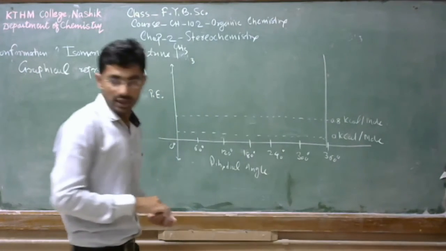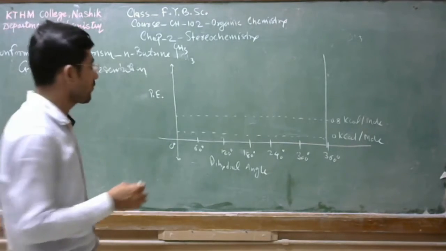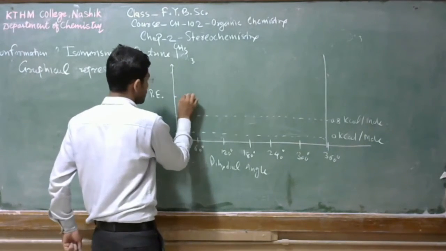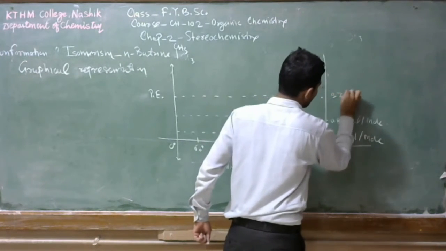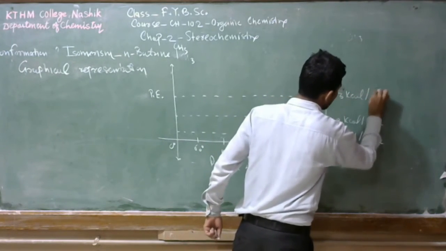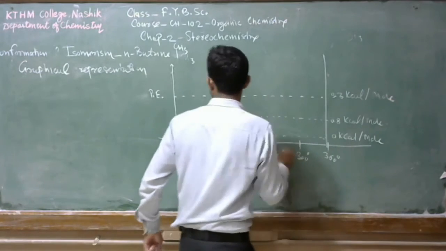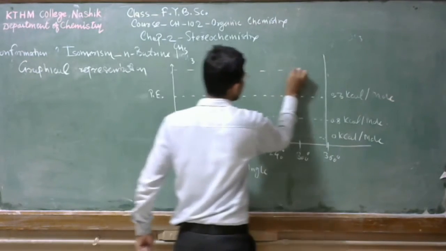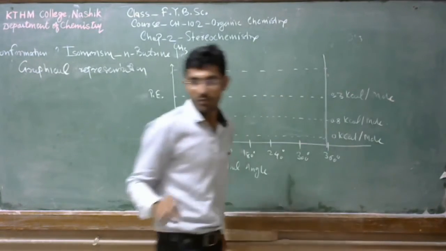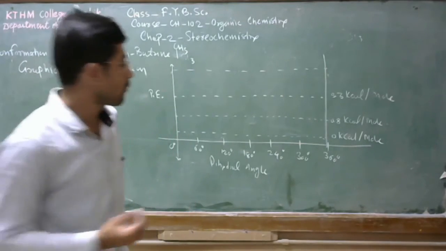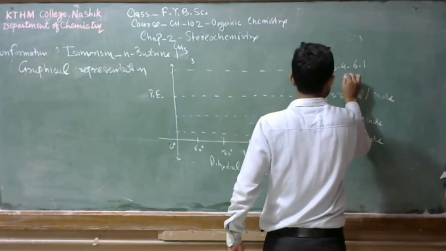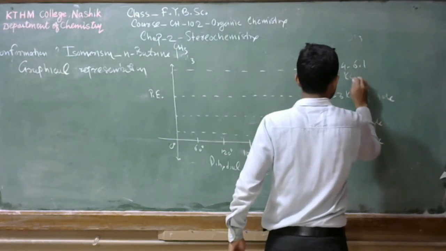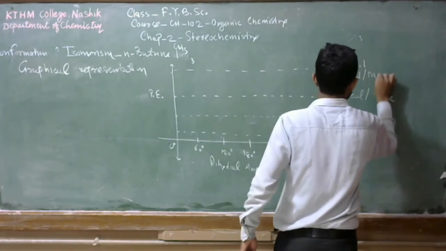Then the next energy content is 3.3. How much? 3.3 kilocalorie per mole. And the last energy content possible in this molecule is from 3.4 to 6.1. In this range we can observe the energy content in kilocalorie per mole.